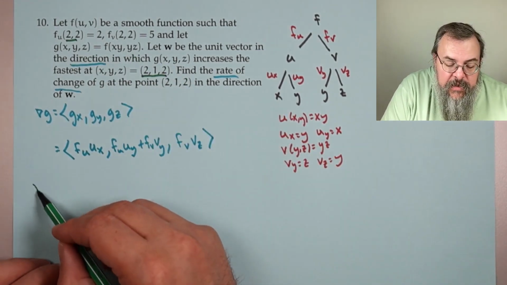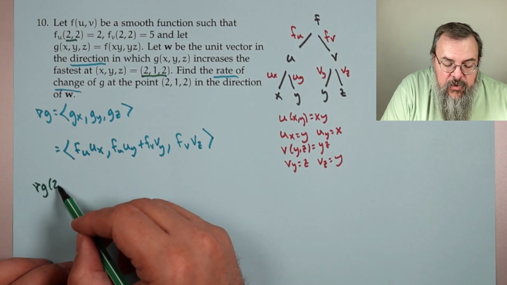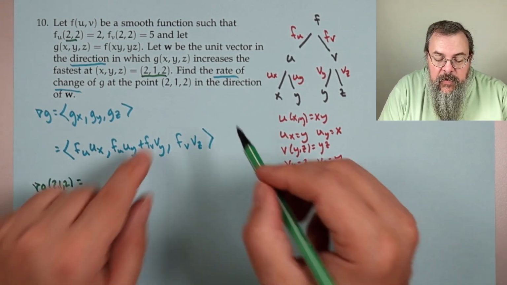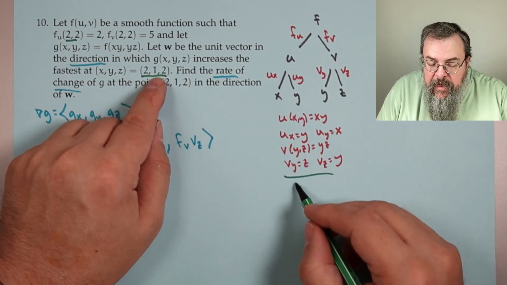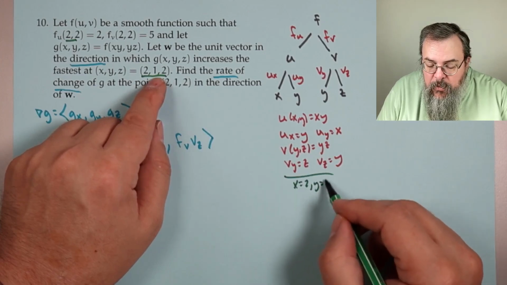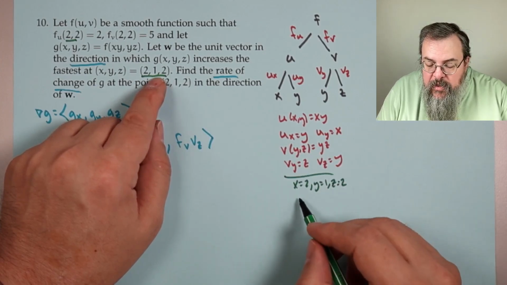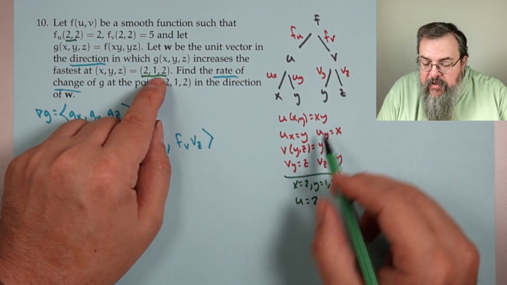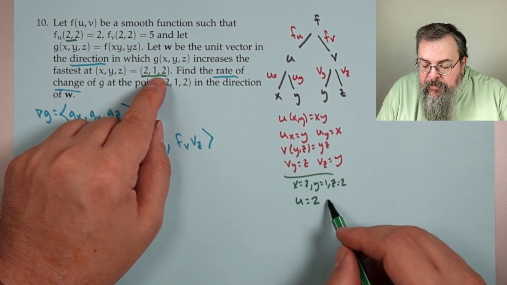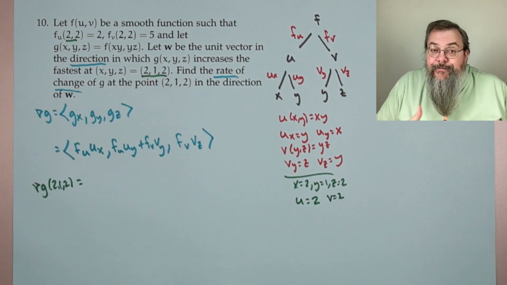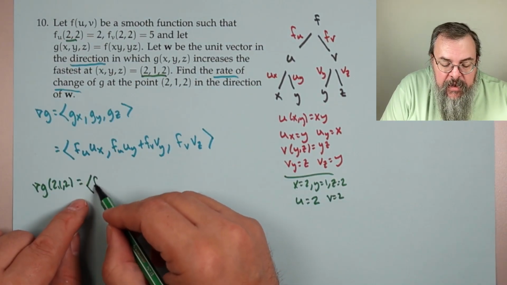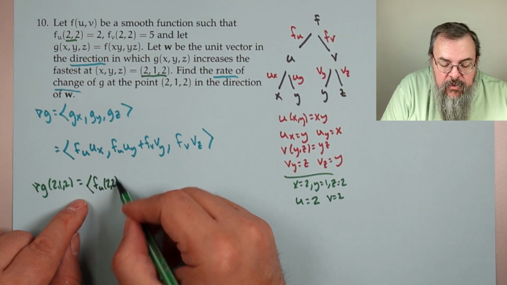So the gradient of g at 2, 1, 2, well, notice if we have that x equals 2, y equals 1, z equals 2, then u is 2 times 1, and v is 1 times 2. So we are at 2, 2. So that will be f sub u, 2, 2.